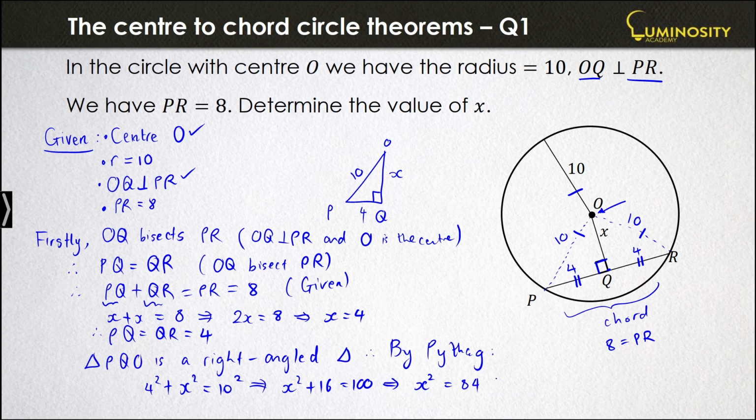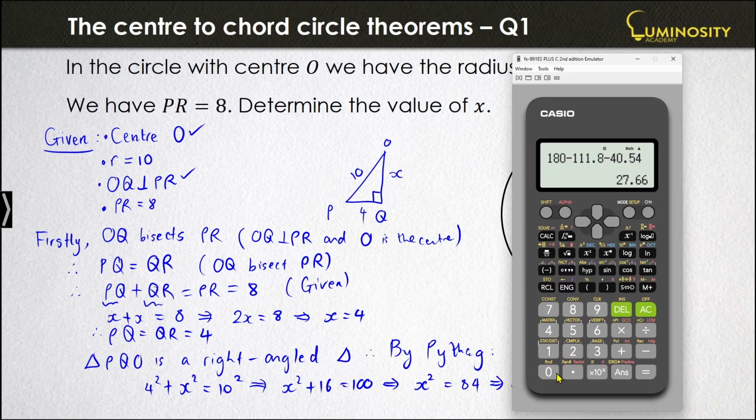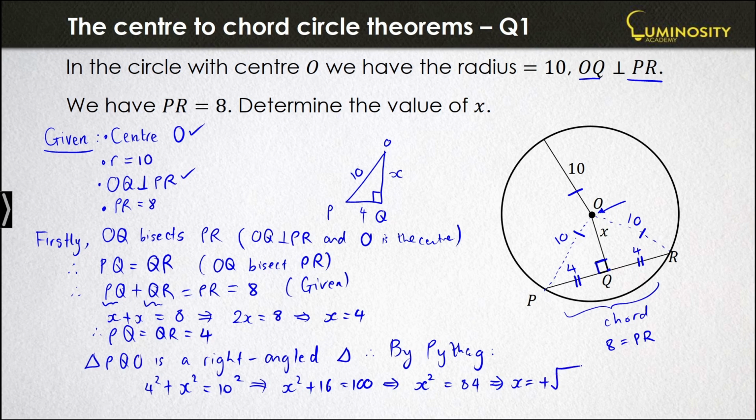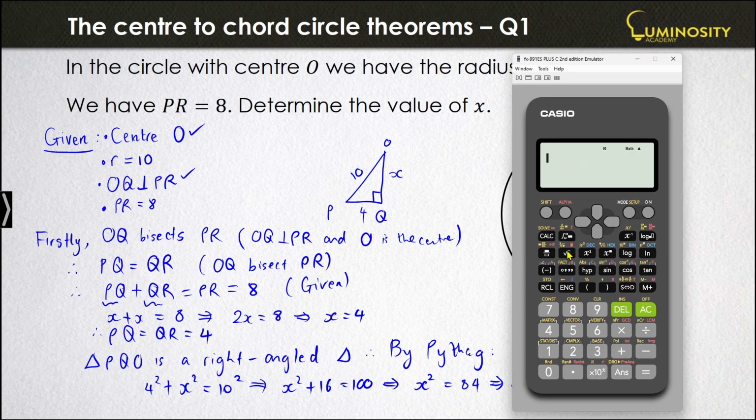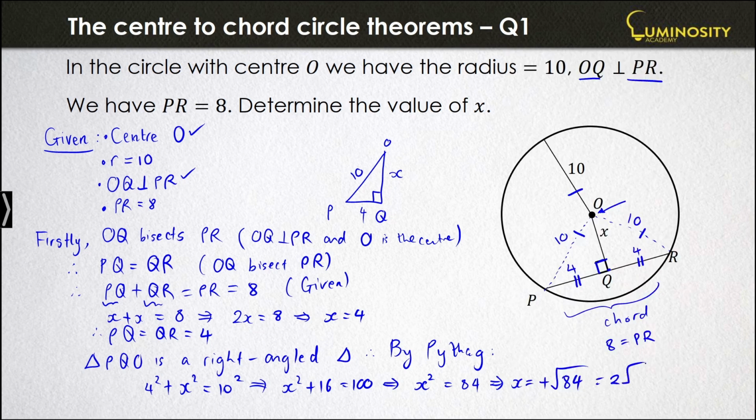Then I take the square root on both sides. But now let's think about this really carefully. This is the length of a triangle side, so we do not look at the negative square root, we look at the positive square root only. So the root of 84 simplifies to 2 times the root of 21 units. And that is the length of x in this question.